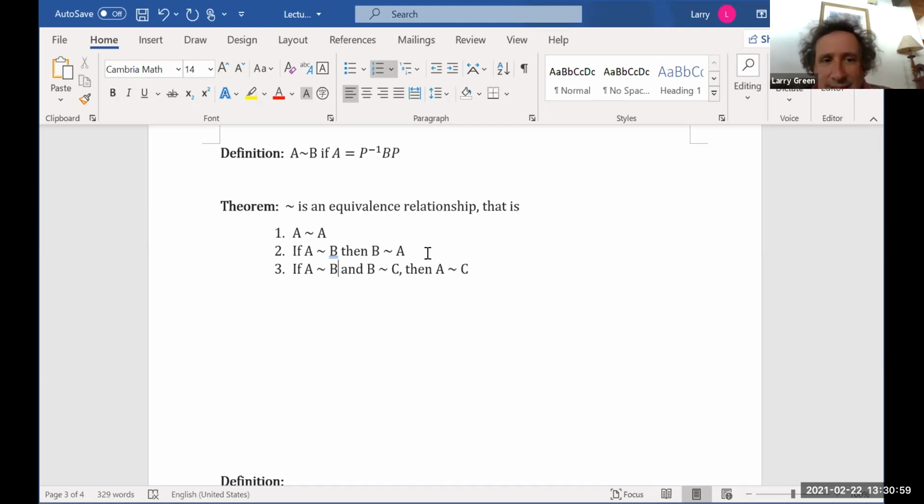Just as ideas even? If this guy is equivalent to this other guy, then the other guy is equivalent to this guy. The first is called reflexivity, the second is called symmetry, and the third is called transitivity. If A is equivalent to B and B is equivalent to C, then A is equivalent to C. And that makes sense. That's something you'd want. Do you agree?